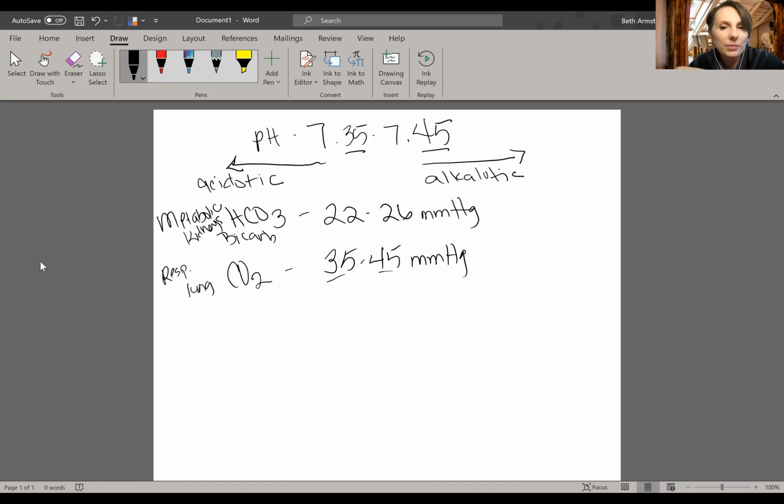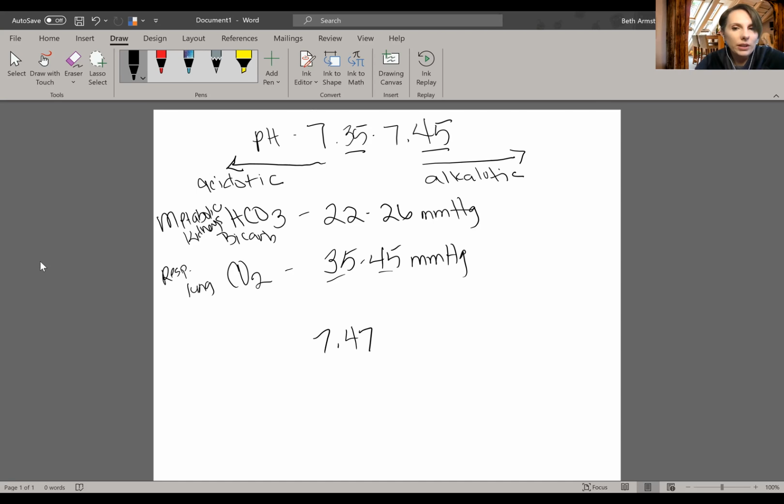So how do we determine what is what, right? The first thing we look at is if our pH is out of whack. Say our pH is 7.47, okay?